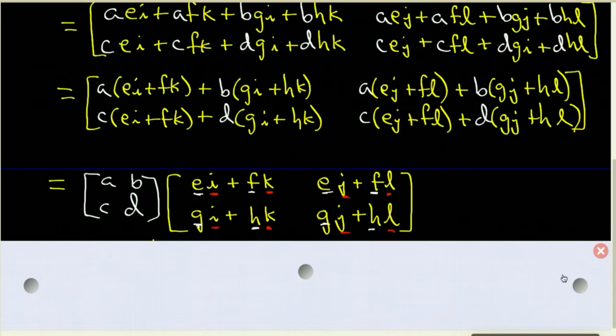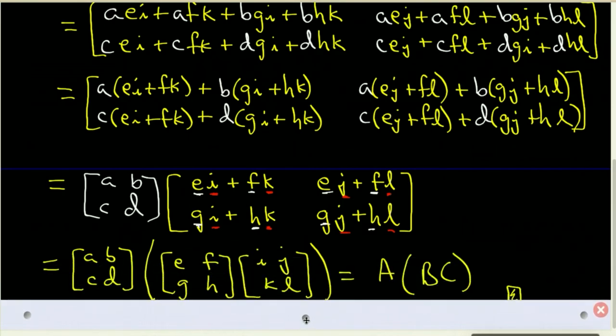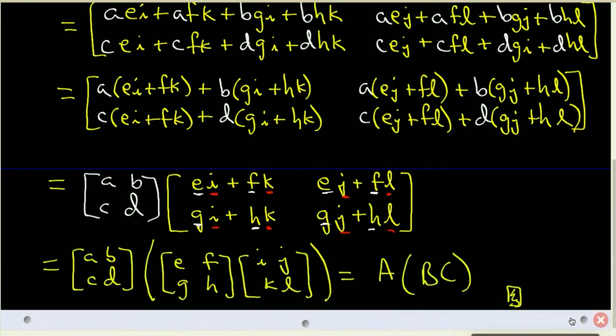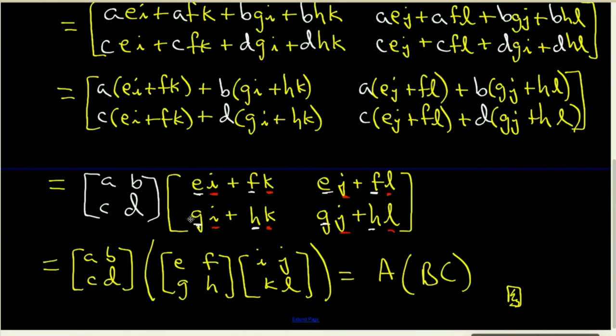So when we put this together, we can realize that the matrix we're looking at is nothing more than EFGH times IJKL. In other words, if we multiply these two matrices together, this matrix right here is what we get.